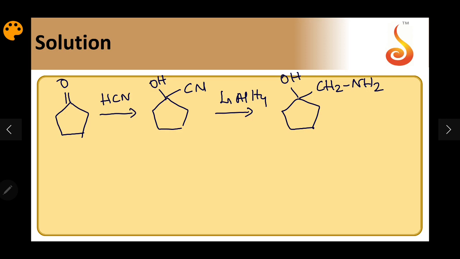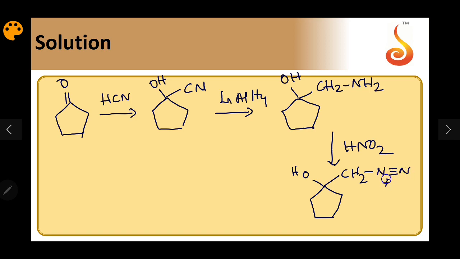Now after the LiAlH4 step is HNO2. HNO2 is diazotization. So in case of aliphatic amines, the diazonium salt will be unstable. So first it forms a relatively less stable diazonium salt, CH2N triple bond N plus and Cl minus. So this N2 goes out, loses nitrogen, and forms the carbocation.